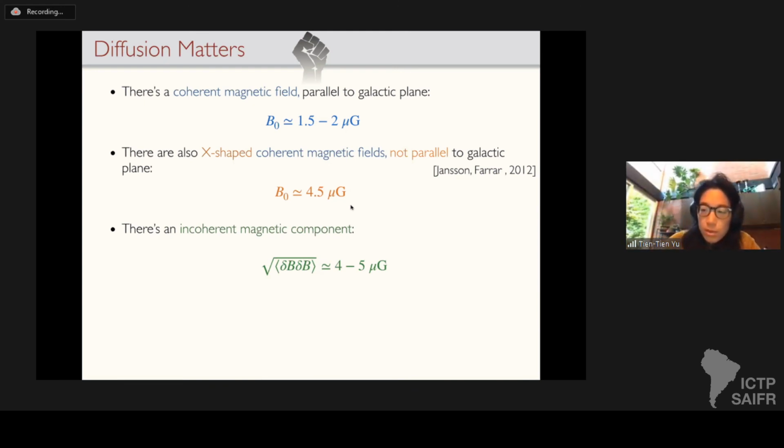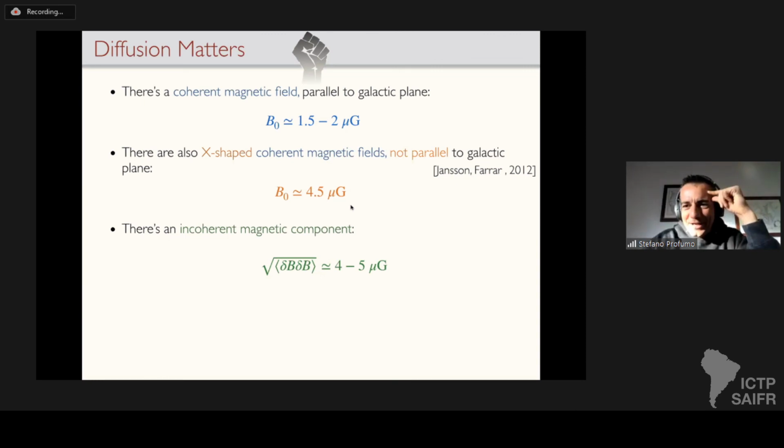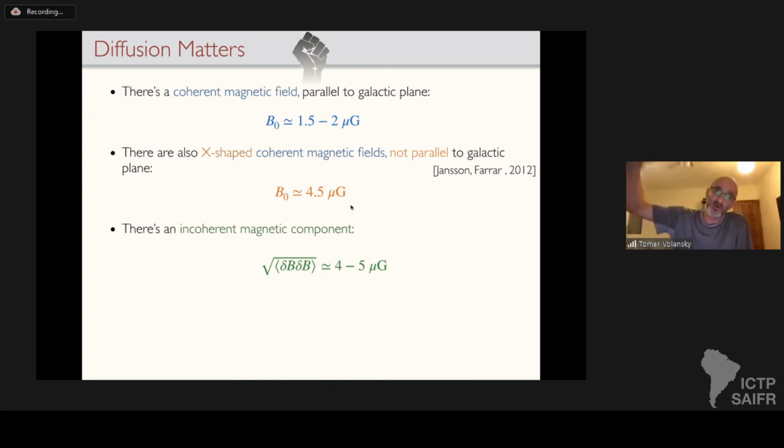Sorry, Tomer, a very naive question here from Stefano. So, the X-shaped field is coherent, and so it should not contribute to the diffusive properties of these particles, but only to the energy losses. So it could also allow particles to penetrate along the coherent magnetic field. That's what I'm saying.